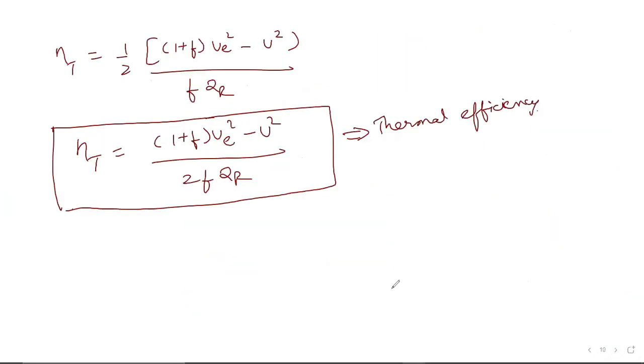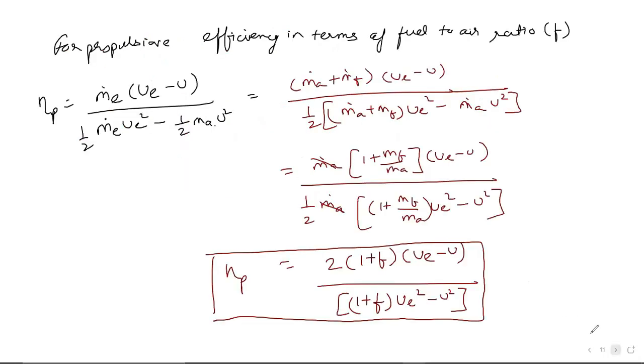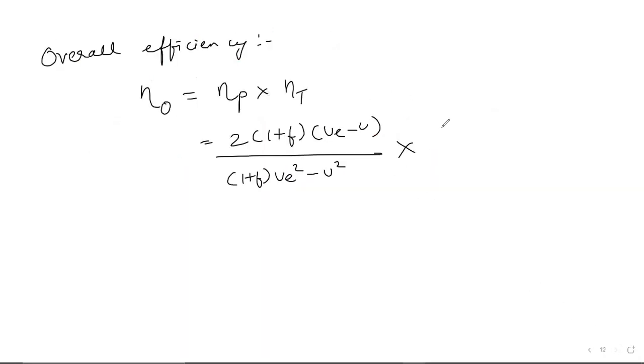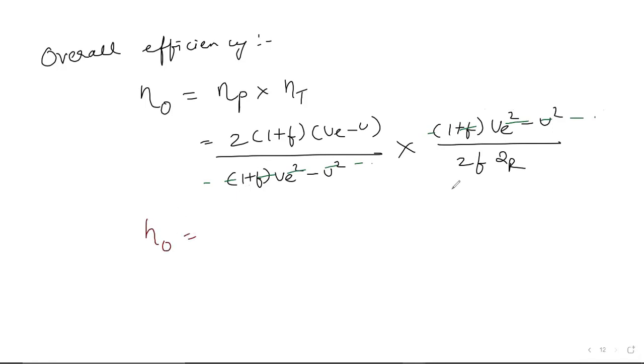Eta T is basically 1 plus F, UE square minus U square, upon 2F QR. So we can say that this thing is cancelled, and this 2 and 2 are also cancelled. What we are getting finally is eta O equal to 1 plus F, UE minus U, divided by F QR.